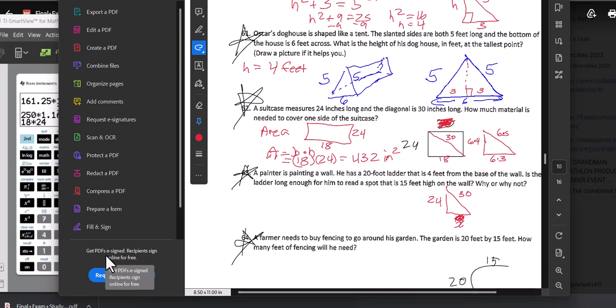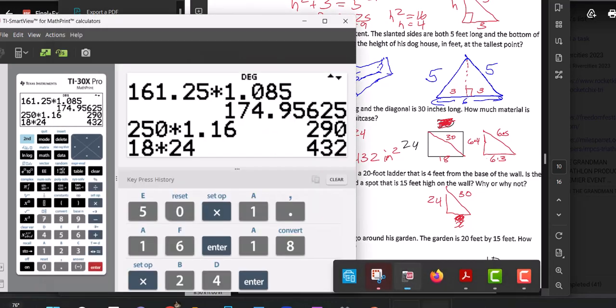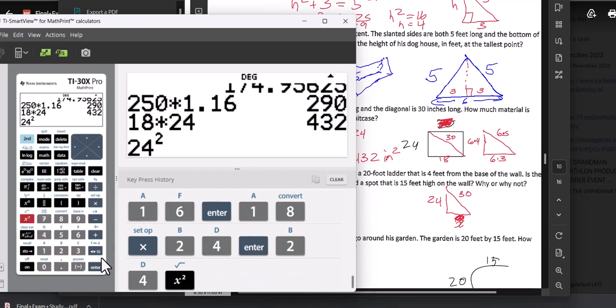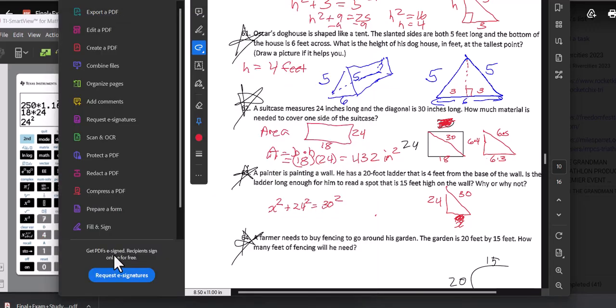So this would be x squared plus 24 squared equals 30 squared. 24 squared is 576. x squared plus 576 equals 900.